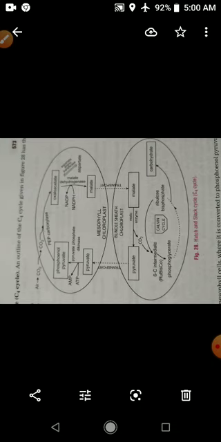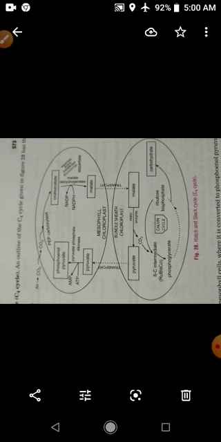And this C4 pathway or C4 cycle is not common in all the plants. The C4 cycle is common in some plants. Those plants are called C4 plants, and the leaves of those plants have Kranz anatomy.